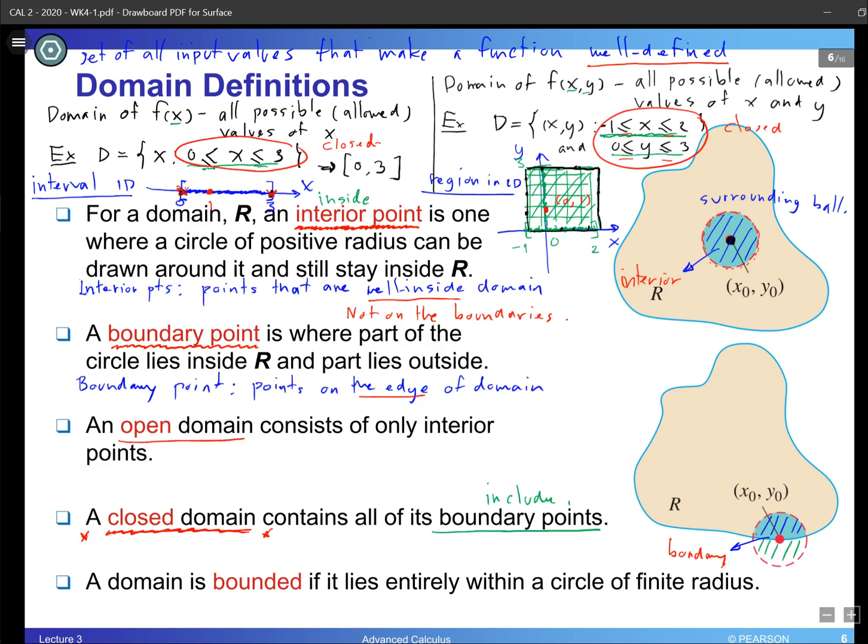Now, what about an open domain? Well, it's going to be the opposite of that. It's going to be a domain that does not include the boundary points. All right, so let's make a note here: doesn't include boundary points. How is that going to work?